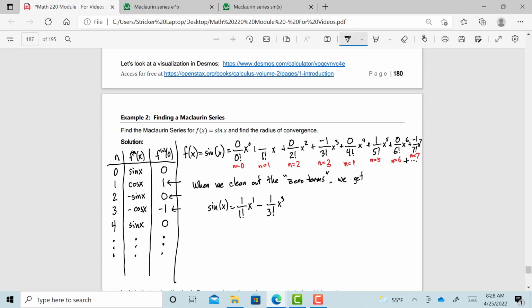To highlight, so we just get these terms I'm highlighting here in yellow.